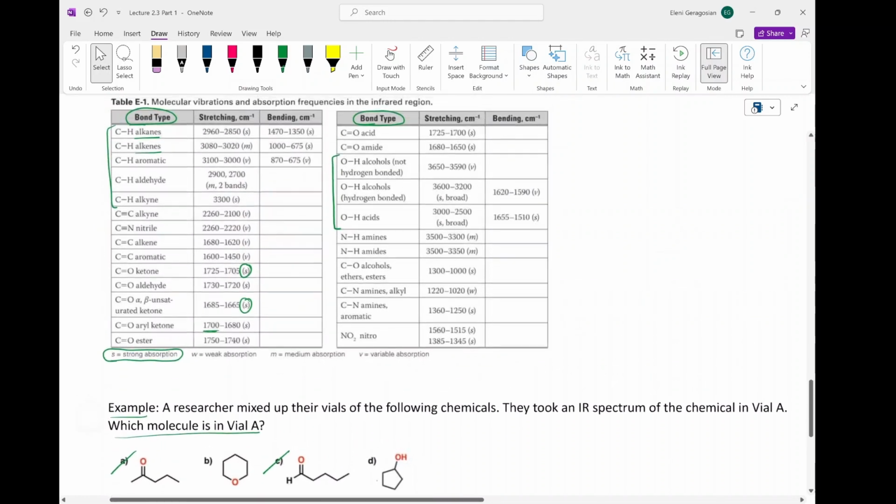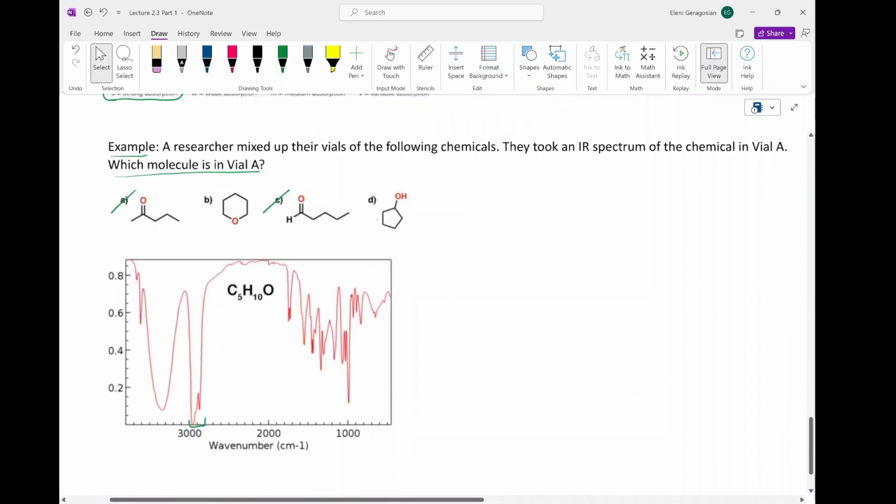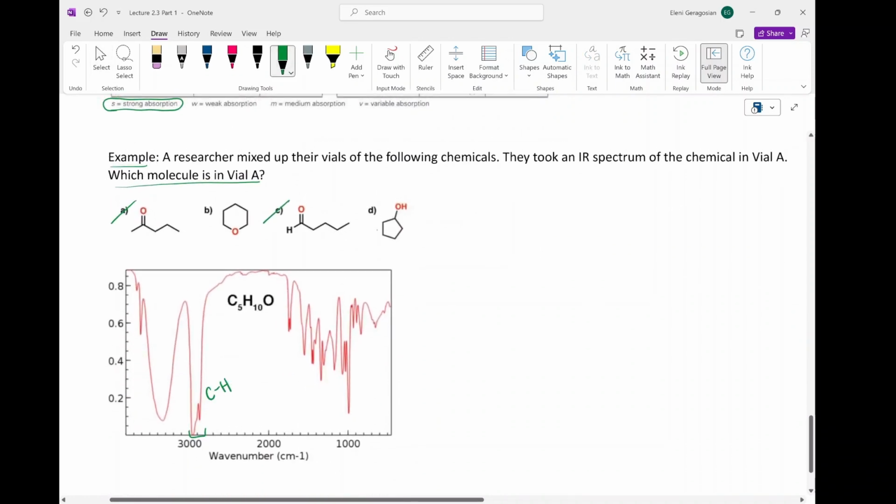That's a sharp peak. This corresponds to carbon to hydrogen bonds that I'm circling at the top there. So this indicates we have carbon to hydrogen bonds. But guess what? In all of these molecules, we have carbon to hydrogen bonds. So that peak is not very helpful for this problem.